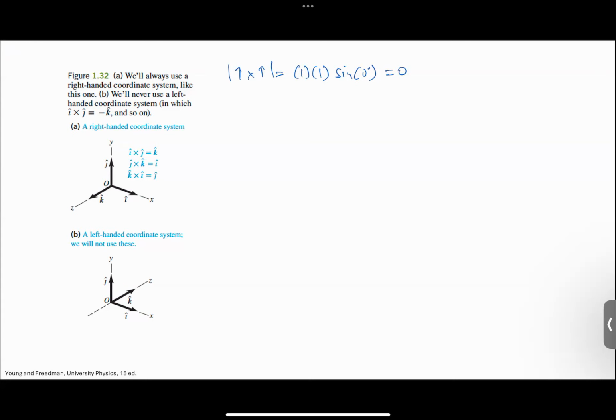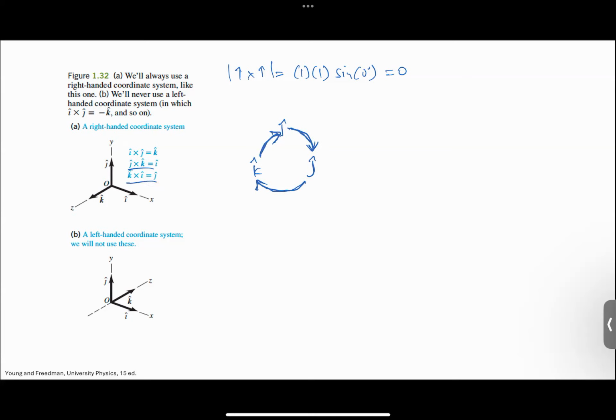Okay? So basically, to remember this, you draw it like this. You write the unit vectors that way. So I cross J is K, or J cross K is I, or K cross I is J. Okay?